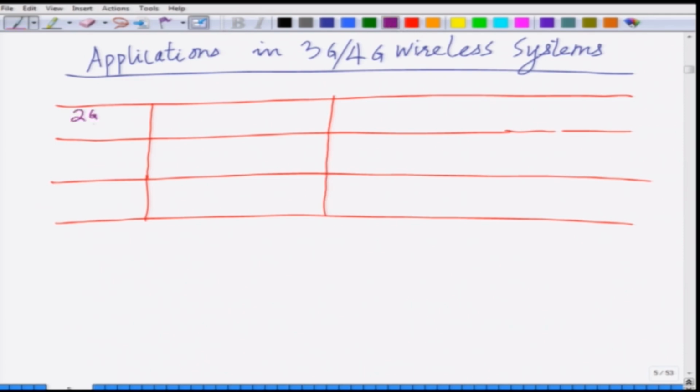So if I look at 2G, 2.5G systems, as I said, I have a data rate which is around 10 to 100 kilobits per second roughly, and therefore, this enables your voice telephone calls plus basic data access, that is your basic internet access.